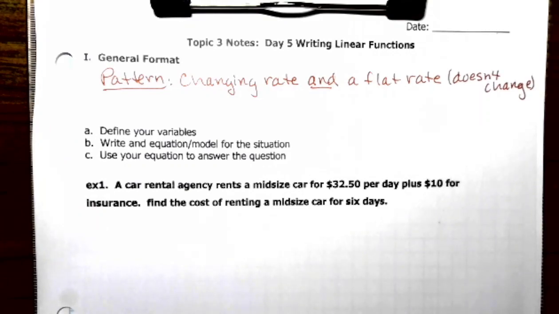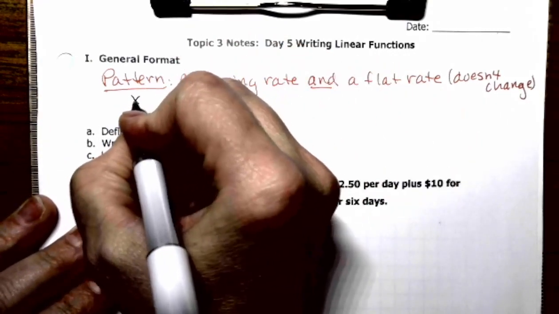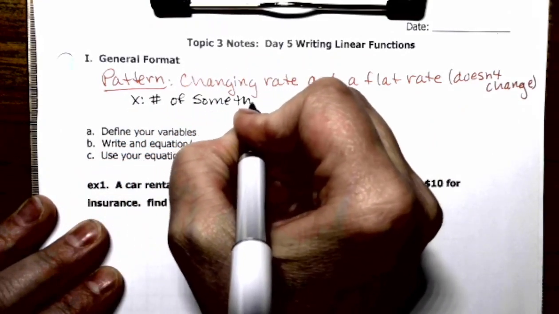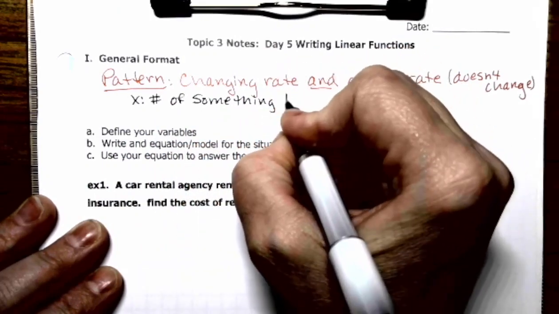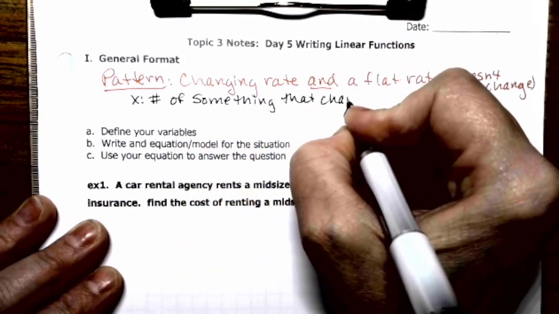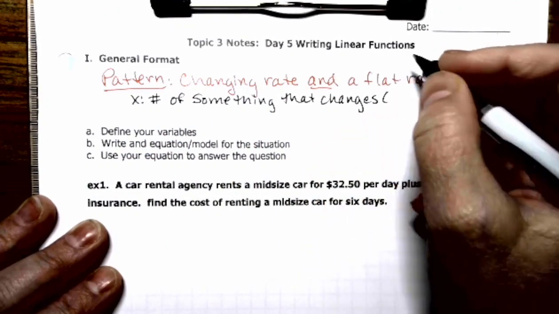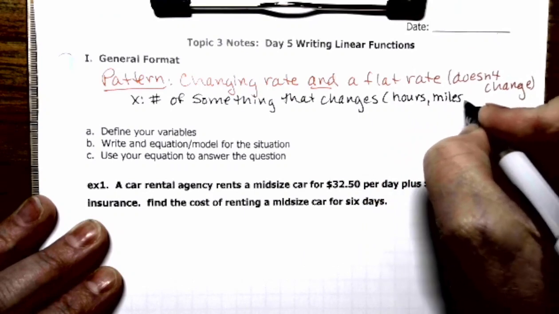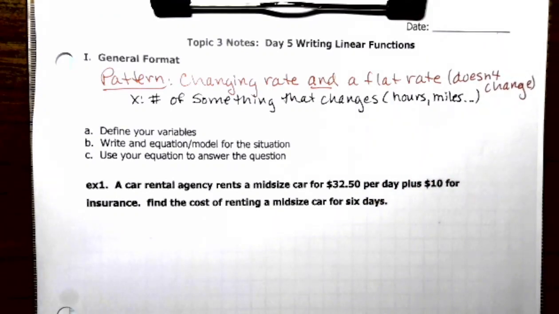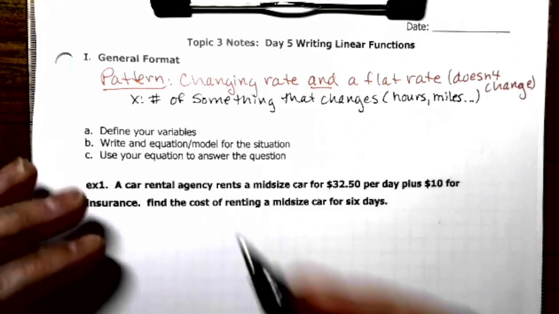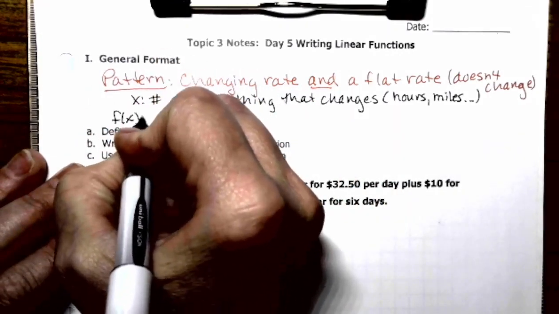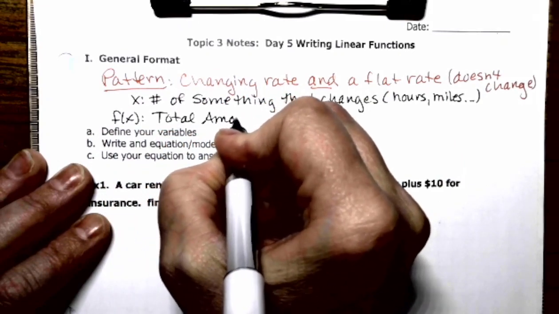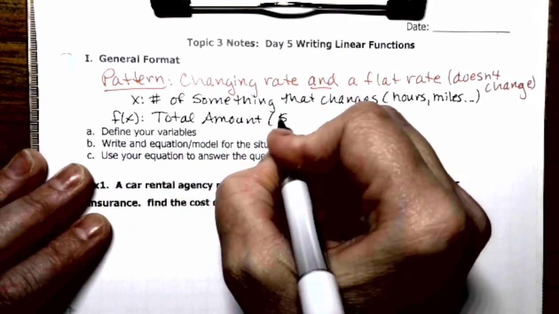When you write your equation, your x is going to be the number of something that changes. It's typically going to be things like hours, miles, things that vary depending on the situation. F of x, or the y variable, is generally going to be the total amount, typically in dollars.